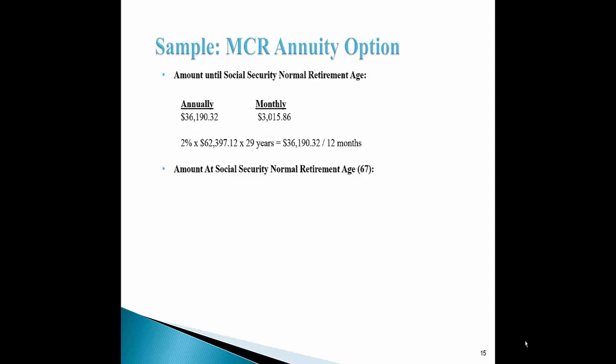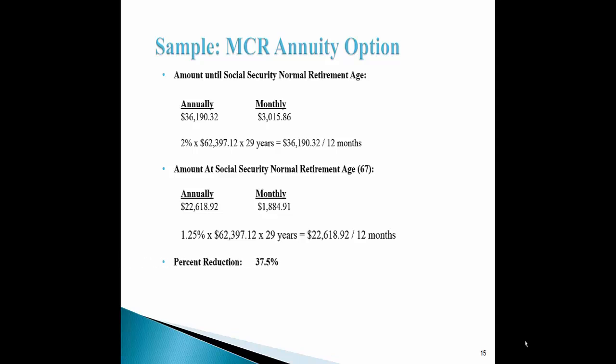When the retiree reaches age 67, the Social Security normal retirement age, the monthly benefit will reduce to $1,884.91. This amount is determined by multiplying 1.25% times the AFE times the years of credited service and then divided by 12.